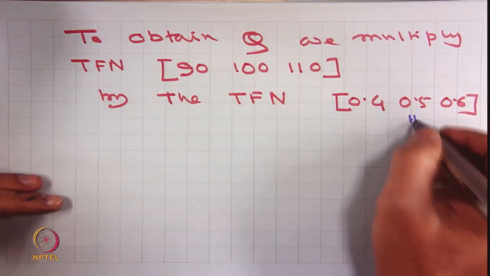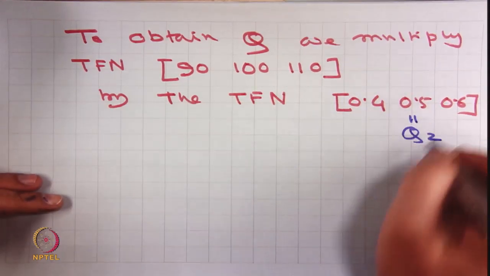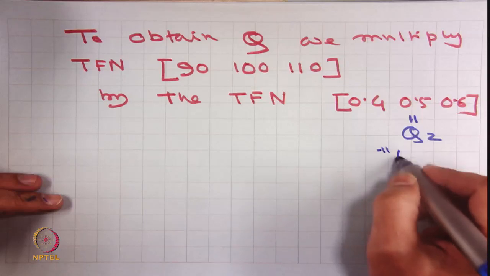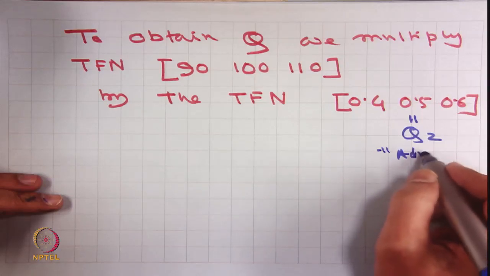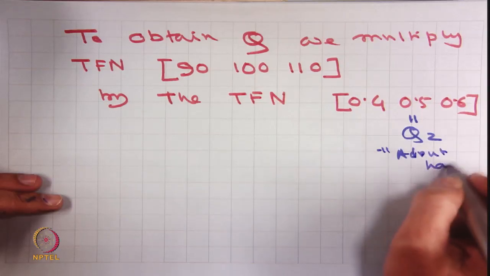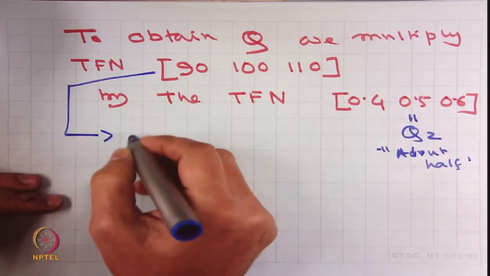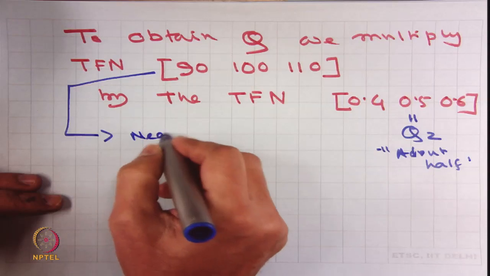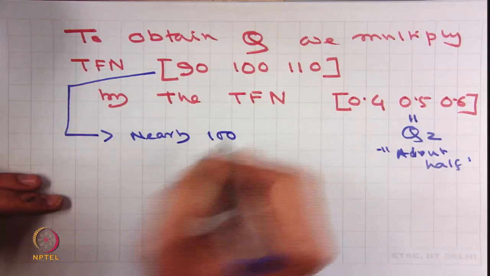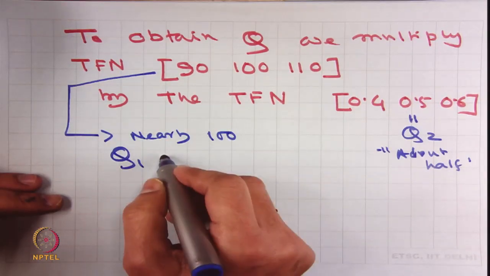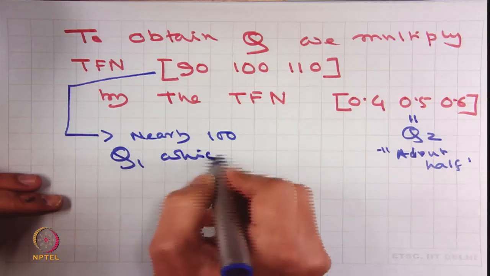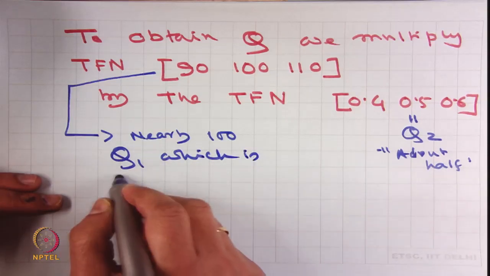This is Q2, which is about half, and this is nearly 100, Q1, which is a quantifier of the first kind.